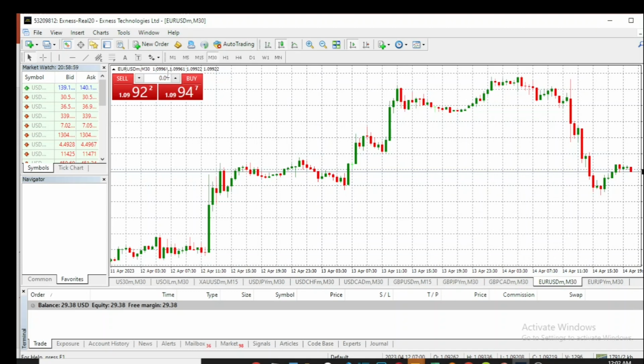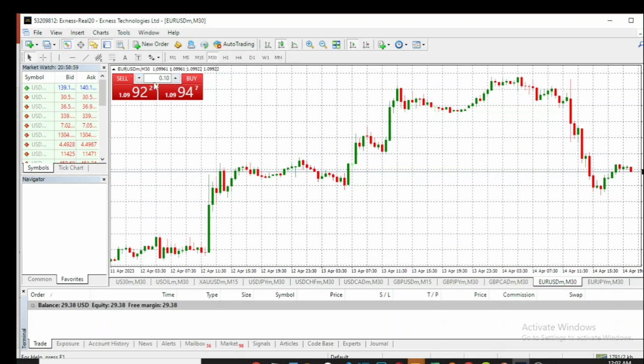We start from micro lot. I've never seen a broker who allows nano lots. Almost all brokers start from micro lot. So here it's 0.01, that's a micro lot. When I increase, those are 6 micro lots, 7 micro lots, 8 micro lots, like that.